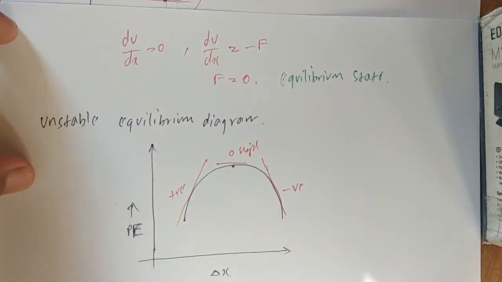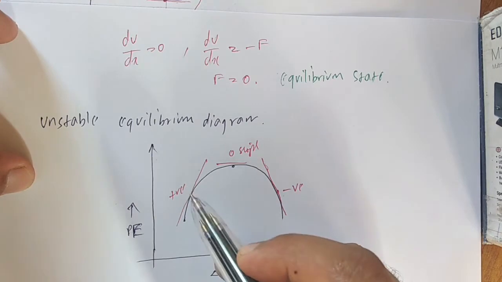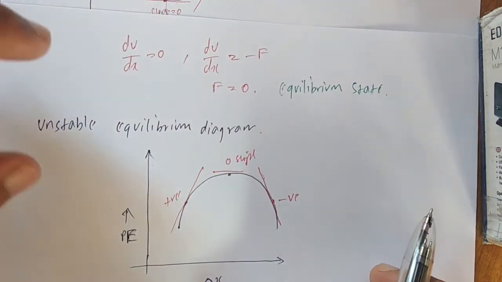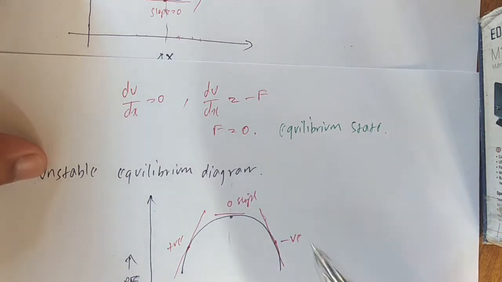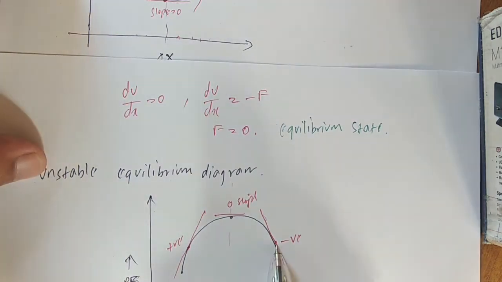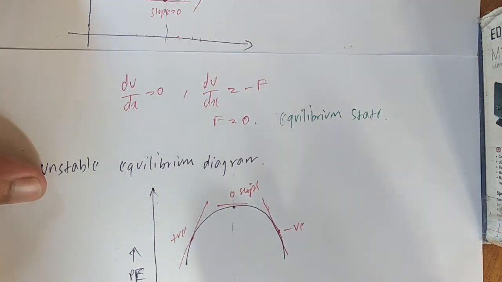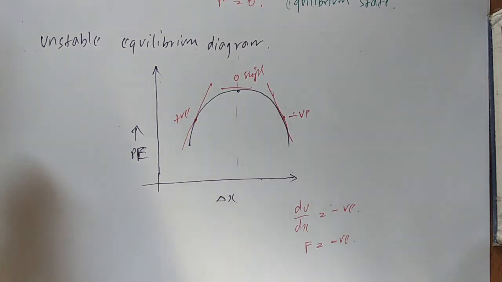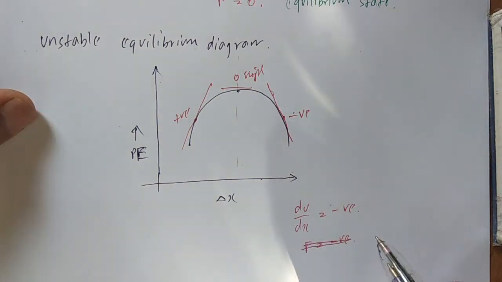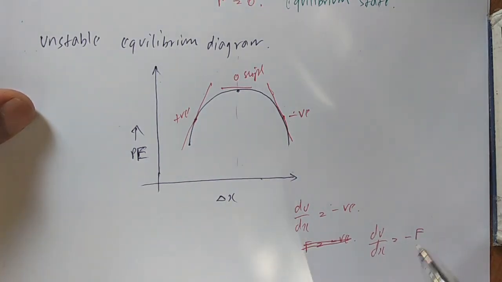So in this situation you can determine as in the previous one, when the slope is negative, here you can see du by dx is negative. Then what is happening? Du by dx is nothing but negative of the restoring force.